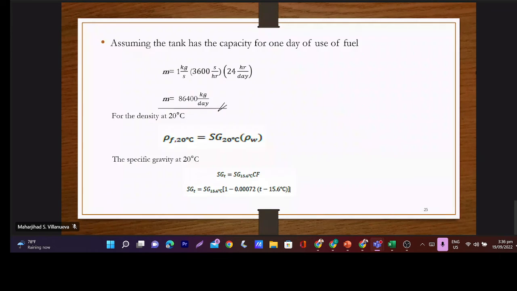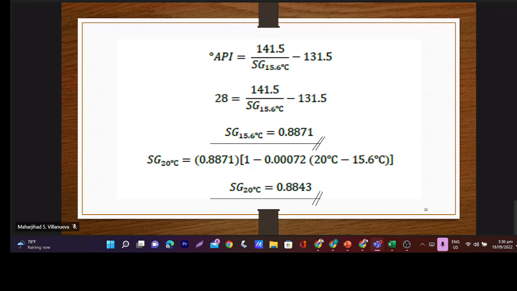So, ganun yung kakalabasan nun. Specific gravity at 20 degrees Celsius is equal to specific gravity at 15.6 degrees Celsius multiply to 1 minus 0.00072 multiply to temperature minus 15.6 degrees Celsius. Next slide po.